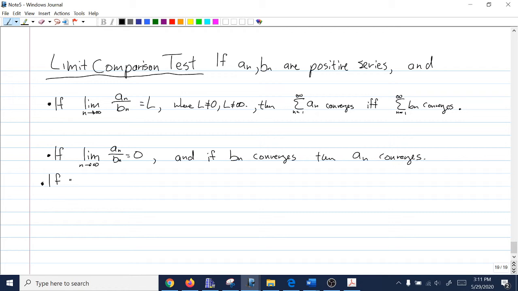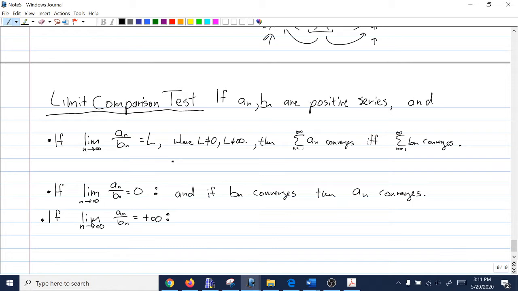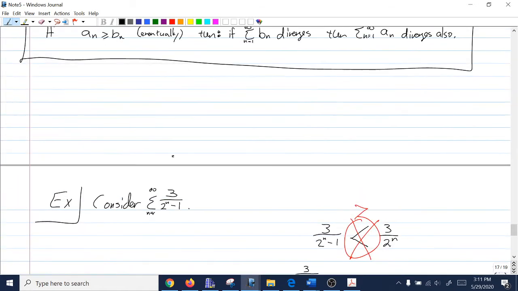And if the limit is infinity of an over bn, let me put my colon here. It's pretty bad writing to say "then if." I did it on the last statement too. What's the classier way of writing that?